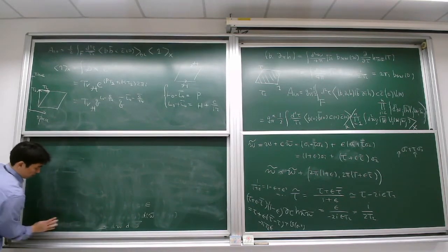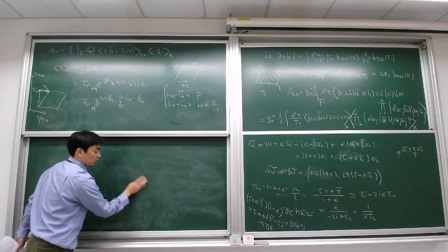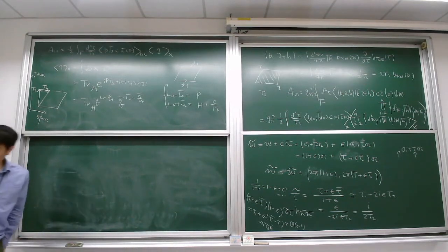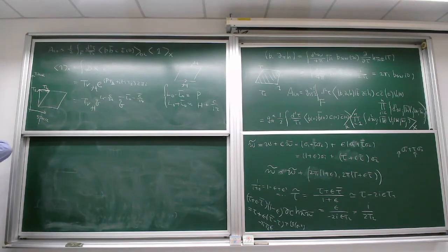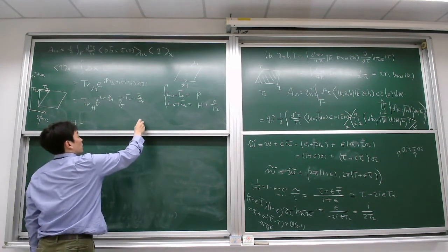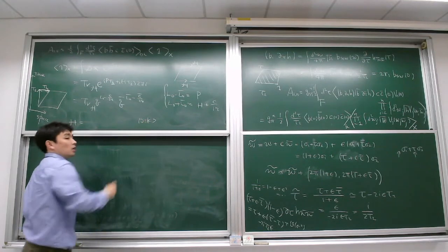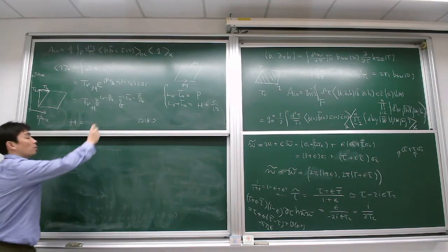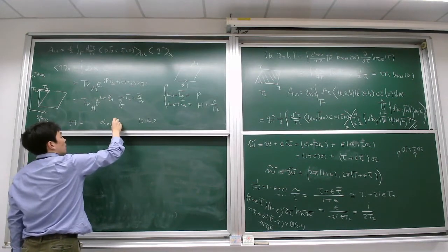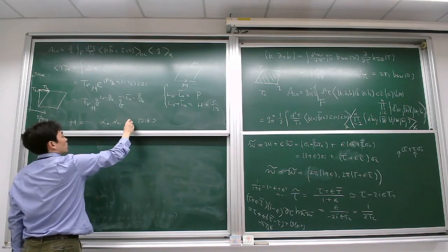Then we will carry out this trace. Remember that the Hilbert space is a Fock space built on the vacuum state, bound by 0, k.